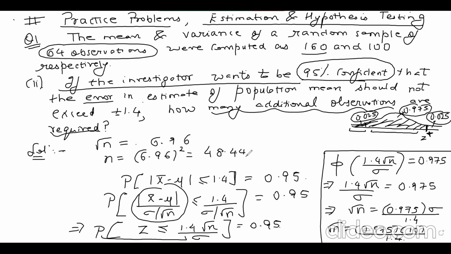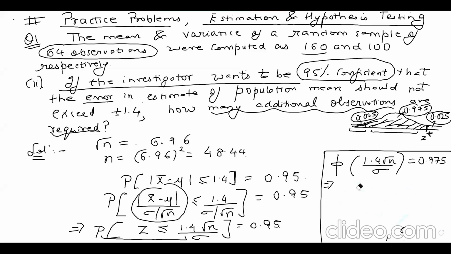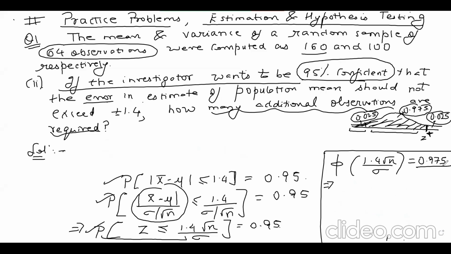Let me see if I have made any error. Let me just verify the question once. Okay, I think I made an error here, students. Let me solve it from here once again, to rectify the error. This step is correct, this step is correct, this step is correct. And here, instead of 0.95, why have I taken 0.975?